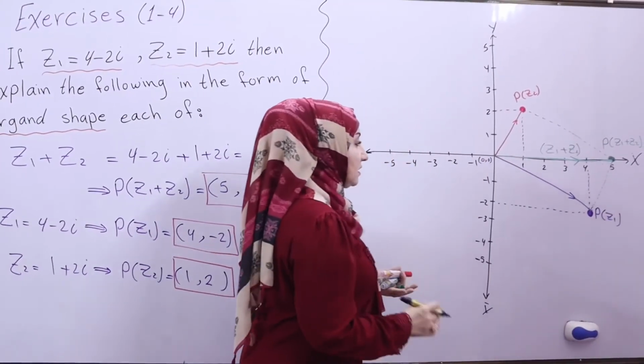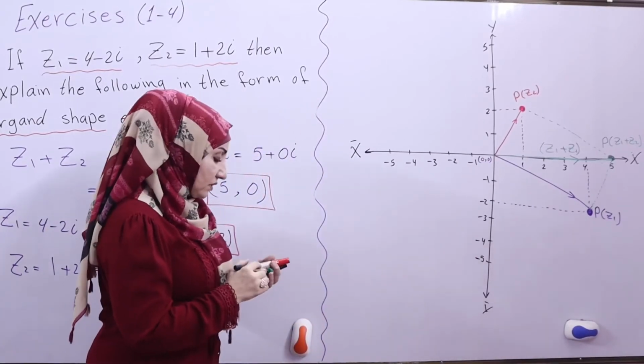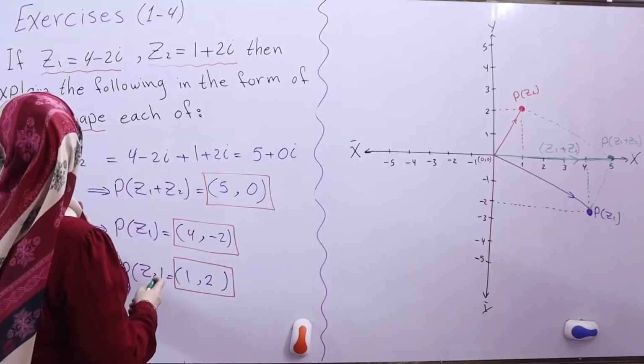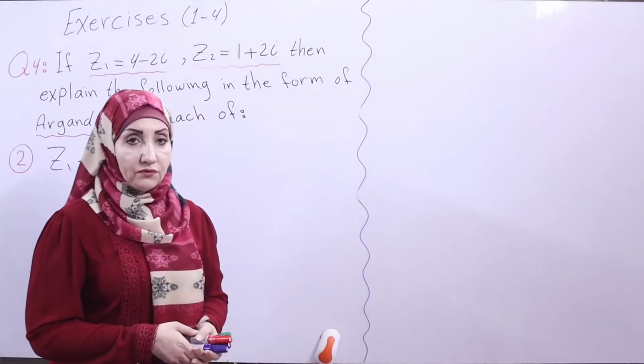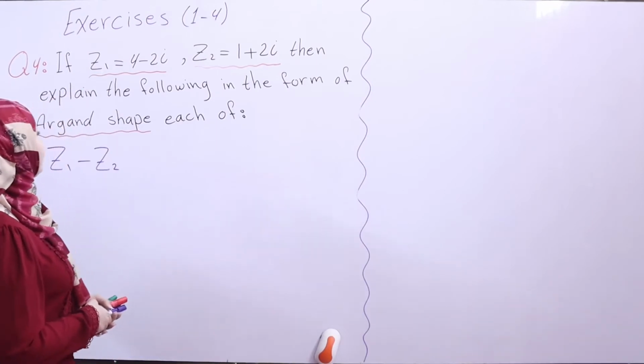So this is the representation for section 1 from question 4. And now we will solve section 2 from question 4.